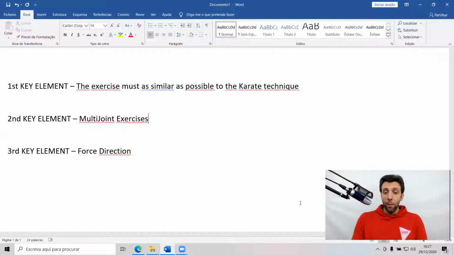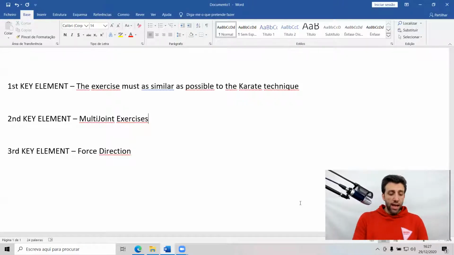Why? Because the punch is not the sum of the front delt power and strength, the tricep power and strength, the forearm and fist rotators' power and strength. That's not how our neuromuscular system works. We need to develop a specific intermuscular coordination.